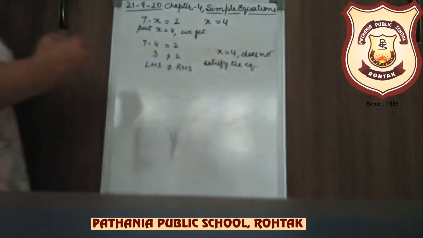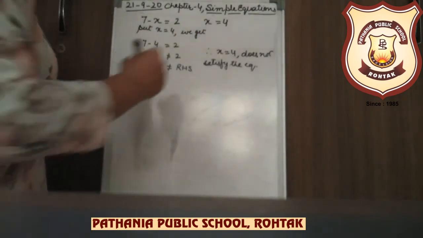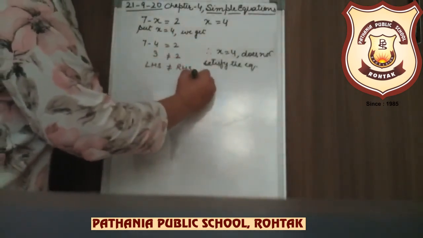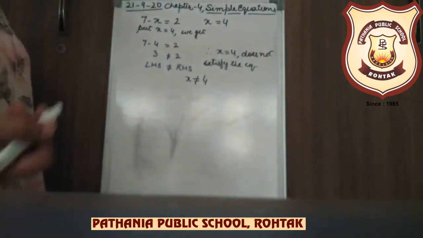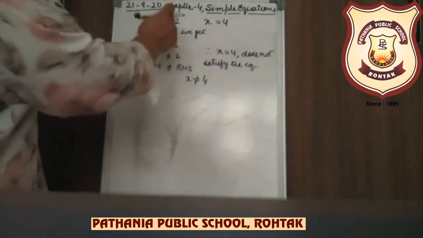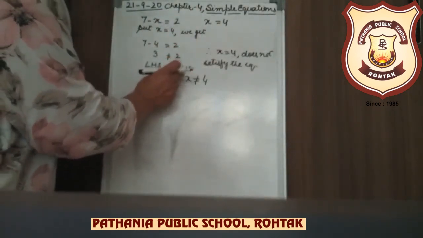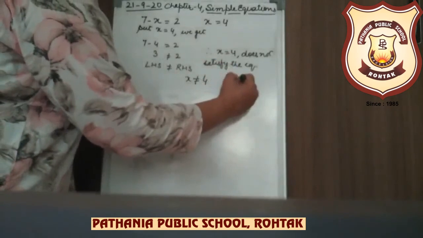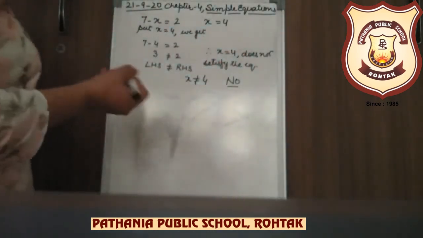For equation you can write EQ. Or simply you can write x is not equal to 4. That is also your choice. Or if they ask, write yes or no. After doing this, as left hand side is not equal to right hand side, you just straight away write no. So depending upon how the question comes, you have to answer.